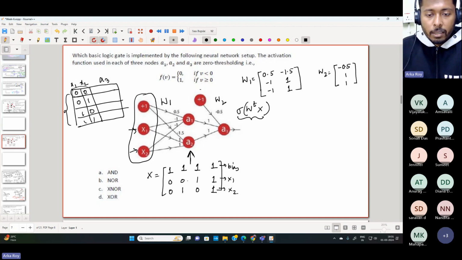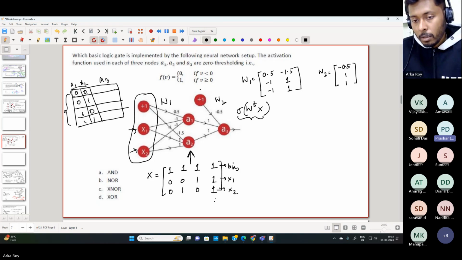Now let us feed this whole matrix over here. The x1 and x2 values are not given, so you have to check what kind of logic gate this whole neural network implements.